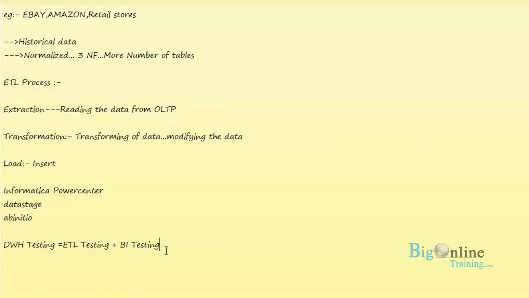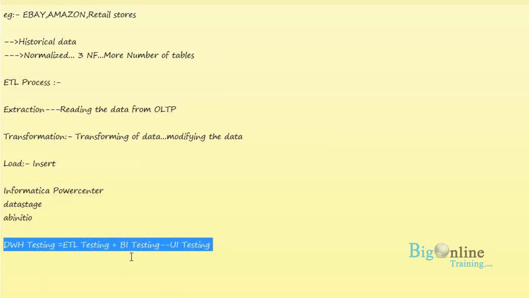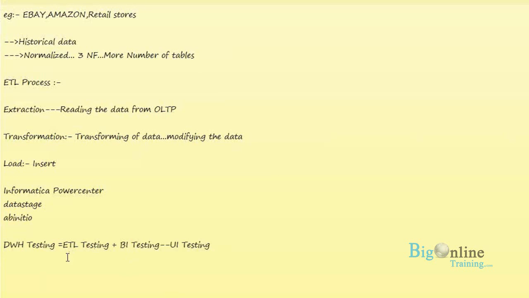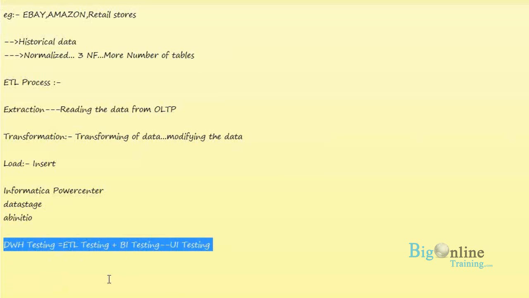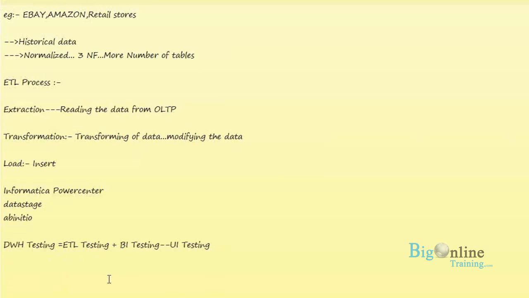BI testing is more like UI testing, user interface testing. Generally when we test enterprise applications, we apply different fields, test them, and see whether it is working or not. Likewise we will see BI testing also. Together, the end-to-end testing of the data warehouse is called data warehousing testing, which is a combination of ETL testing and BI testing.